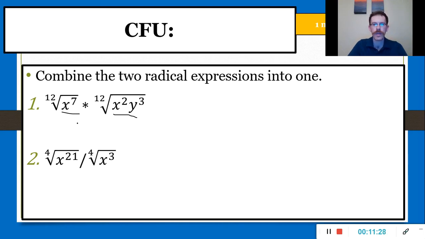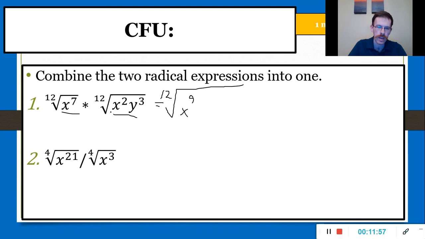Alright, I got these. If you look at these, you might say, hey, I can't do that. One has an x to the 7th, the other one has an x squared, and then y cubed. It's actually not a problem. Because they share the same radical, you can just put them in the same thing: 12th root, x to the 9th, because what's 2 plus 7?